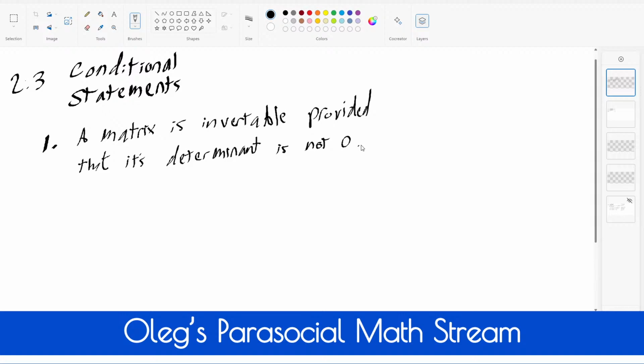So in this case, we have to decide what's P, what's Q. If P, its determinant is not zero, then a matrix is not invertible. So we're going to write the sentence, changing it.